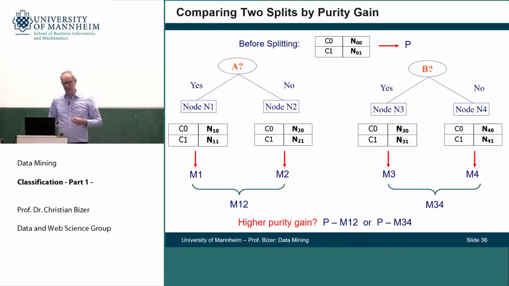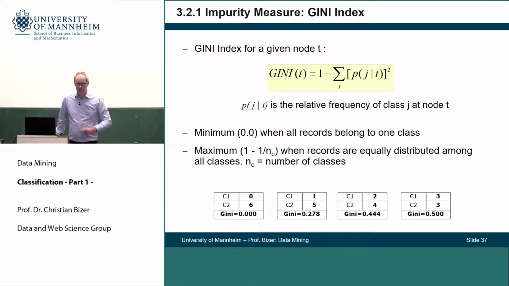Then for each split, that's the purity measure M1 and M2, for instance, for split A. Then we weight these values with the size of the sub-buckets and get a combined purity of both resulting sub-buckets. We subtract this from the original purity, and we look where we get the lowest value. We do this procedure for all possible splits. So that's the approach.